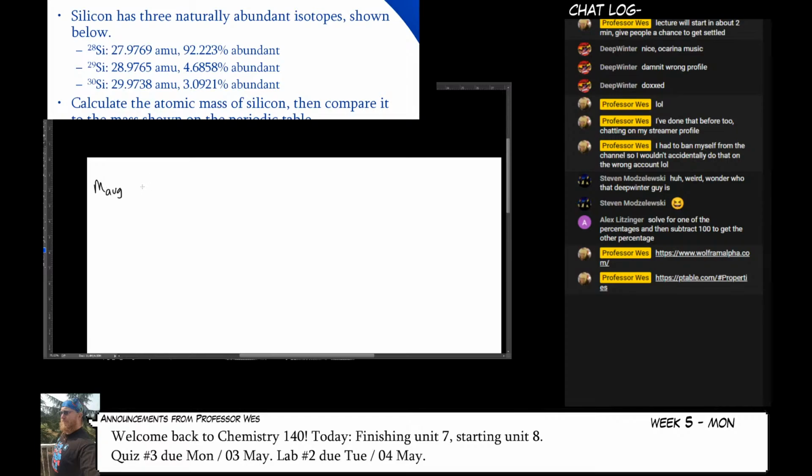So the average mass of silicon will be the first isotope times its abundance.